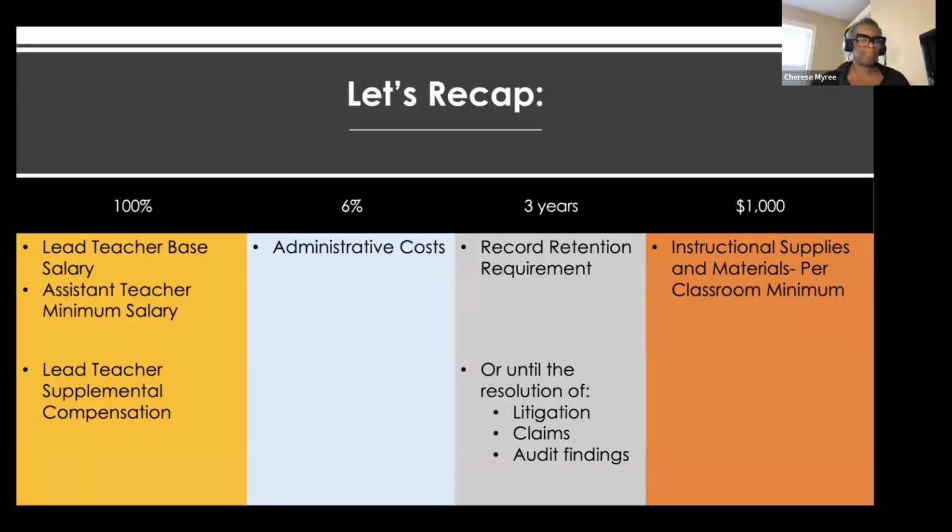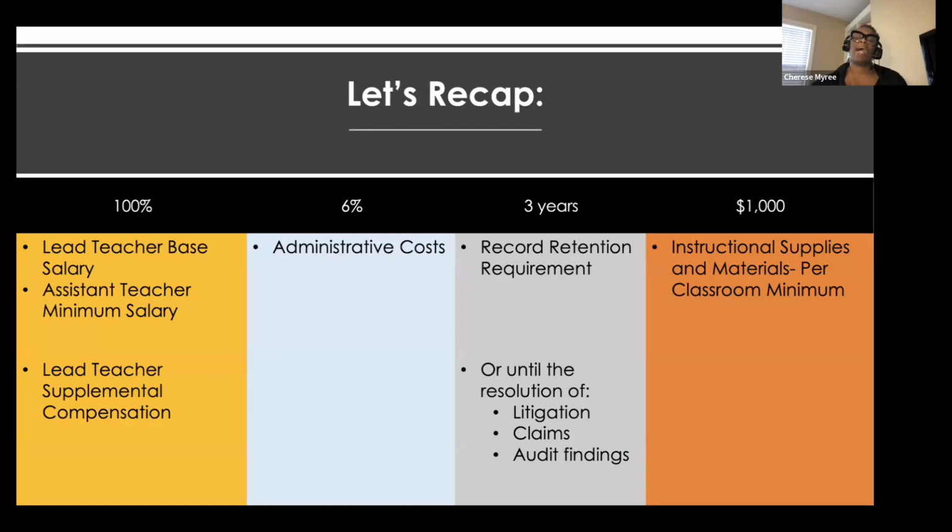So let's recap. So 100% column, we've got our lead teachers, base and supplemental salaries, as well as the assistant teacher minimums. 6%, we have our administrative costs. Our record retention is for 3 years and $1,000 minimum on instructional supplies and materials.